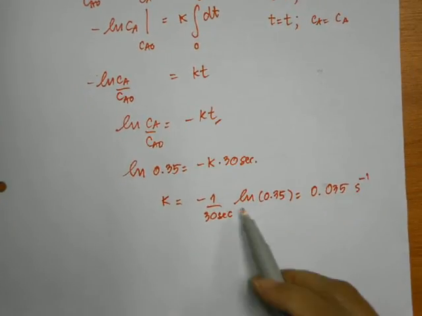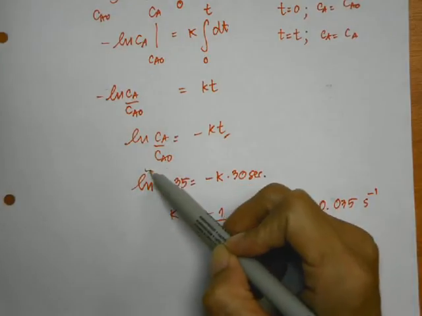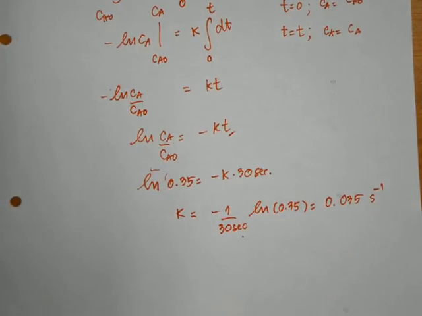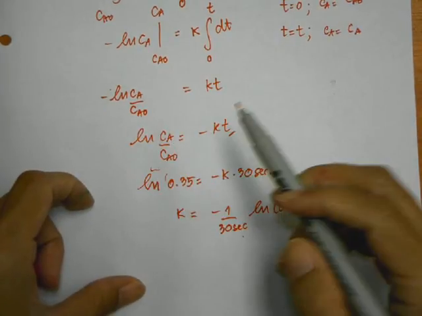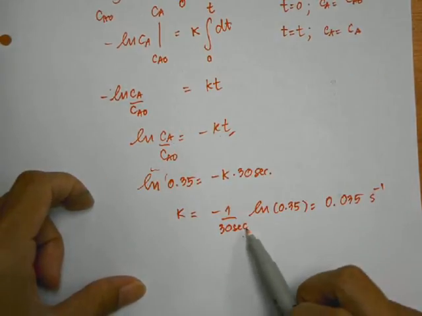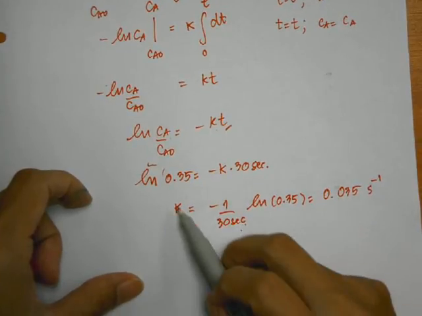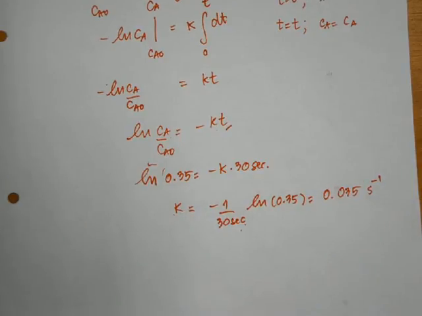The unit is 1/second. This term has no unit, right? Because CA and CA0, they are the concentration. You divided them, so this term got no unit. So now the unit of k just goes by the time. So finally we would get the unit of k per second.